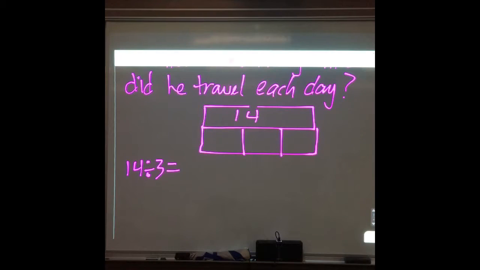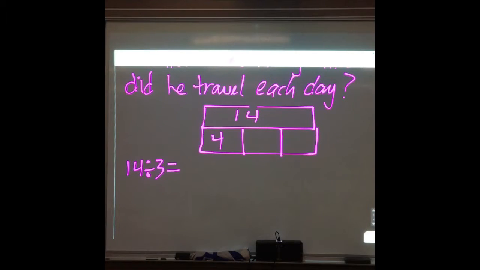How many 3s are in 14? Well, 3 times 1 is 3. 3 times 2? 6. 3 times 3? 9. Have we reached it yet? No. 3 times 4? 12. And 3 times 5? 15. Well, 15 is too much. So 4 would be correct.